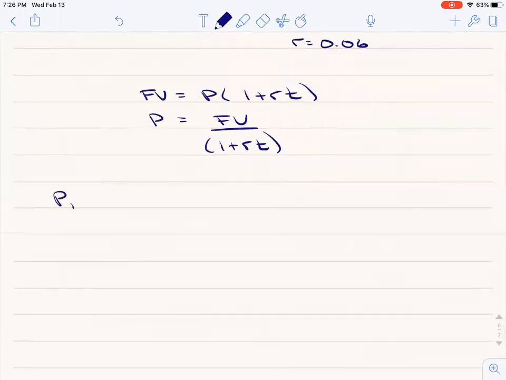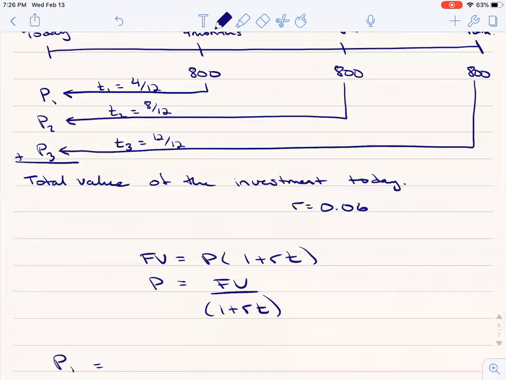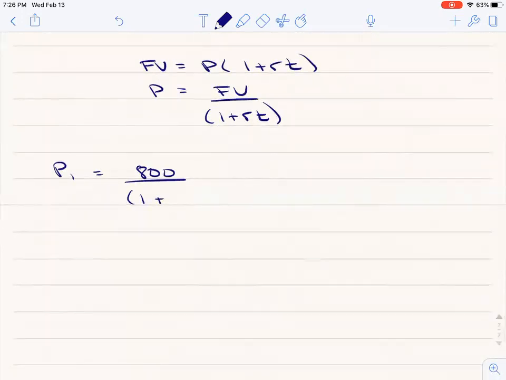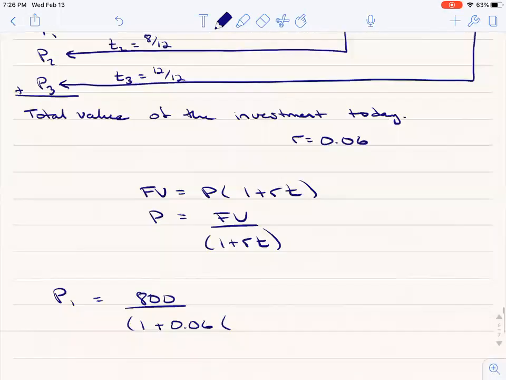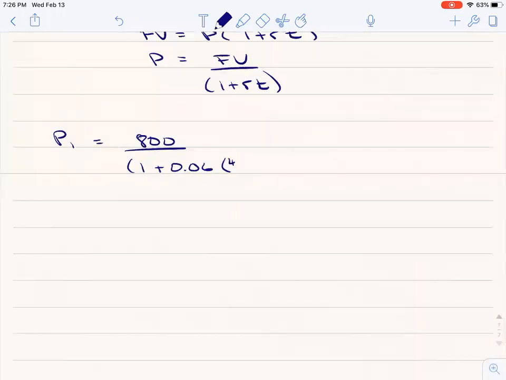So now I can solve for P1. P1, all of these have a future value of 800. So we've got 800 over 1 plus R, which is 0.06. And T for P1 is 4/12, so 4 out of 12.